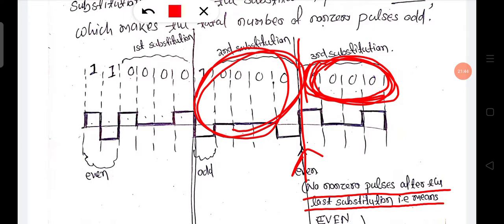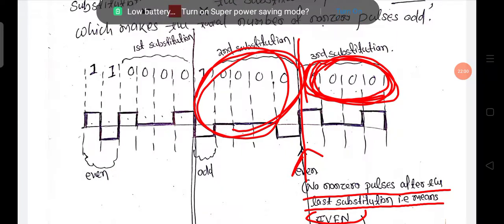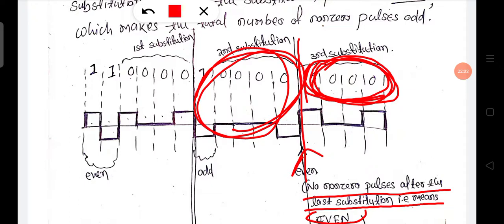If there are no non-zero pulses after the last substitution and before the coming substitution, then we consider that as even.